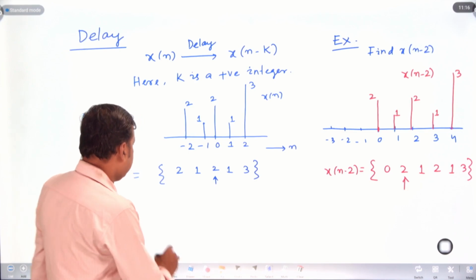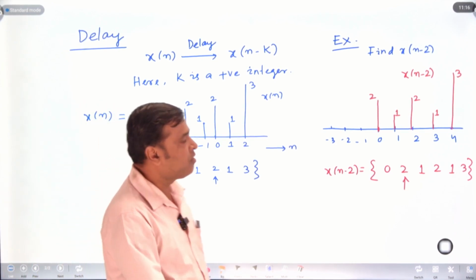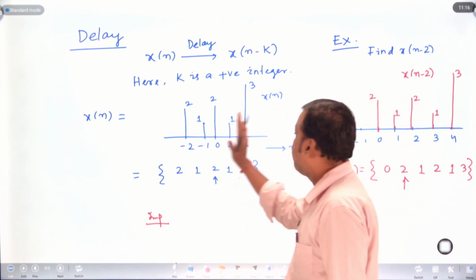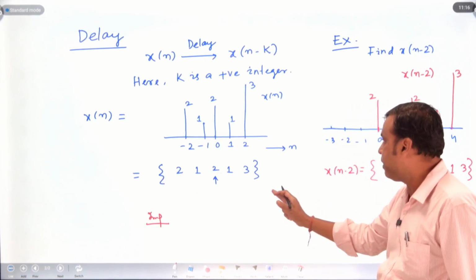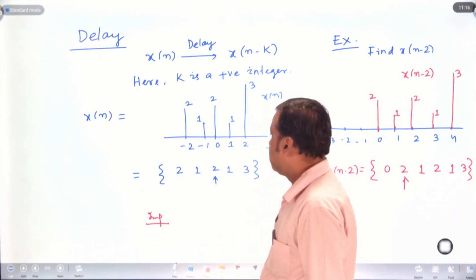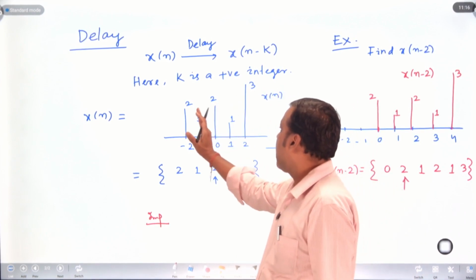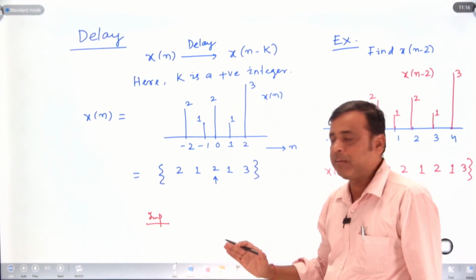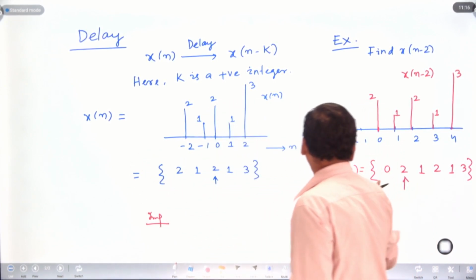The important thing is, as far as shifting is concerned, if it is delayed, in the graphical representation each sample is shifted towards the right by 2 units, but in the sequence representation the arrow mark is shifted towards the left by 2 units.